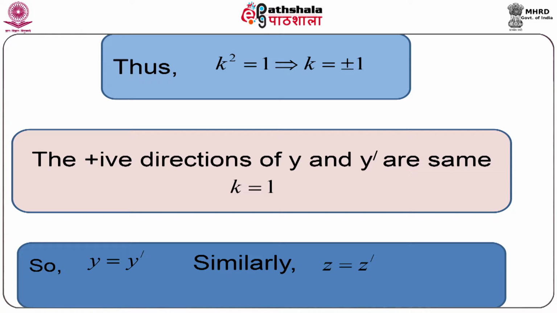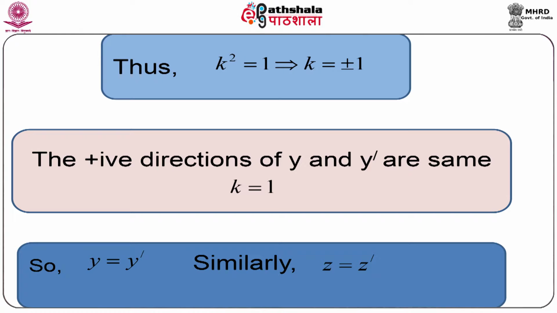If we interchange the roles of frames S and S', that is, if S is moving with respect to S' with uniform velocity v in the direction of positive x' axis, then we get a/a' equal to k function of v, that is reverse of the above result. Multiplying these two results, we get k square equal to 1. So, k equal to plus minus 1.